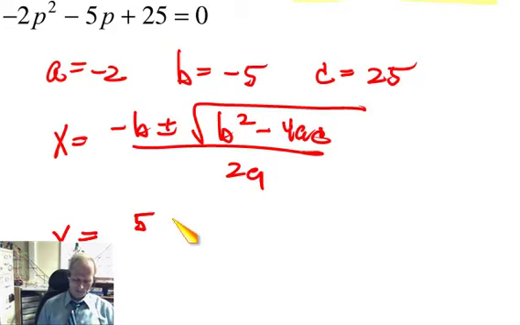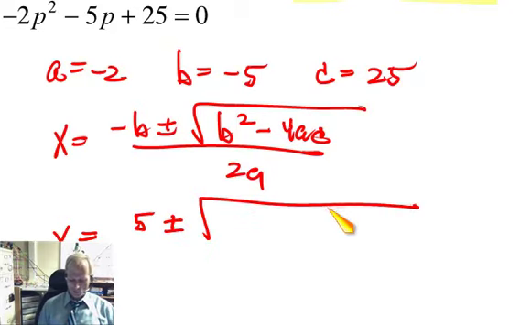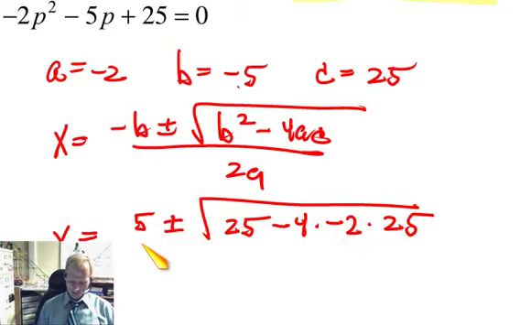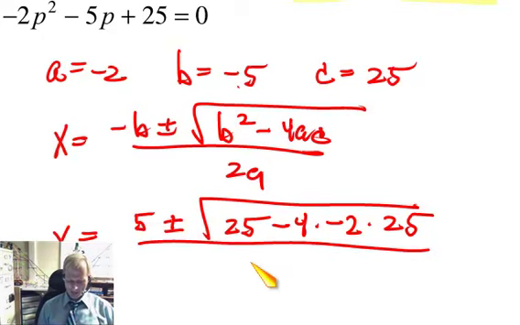So I'm going to get 5 plus or minus the square root of b squared, which would be negative 5 squared. It's going to give me 25. And then minus 4 times negative 2 times 25. And that's going to be all over 2a.